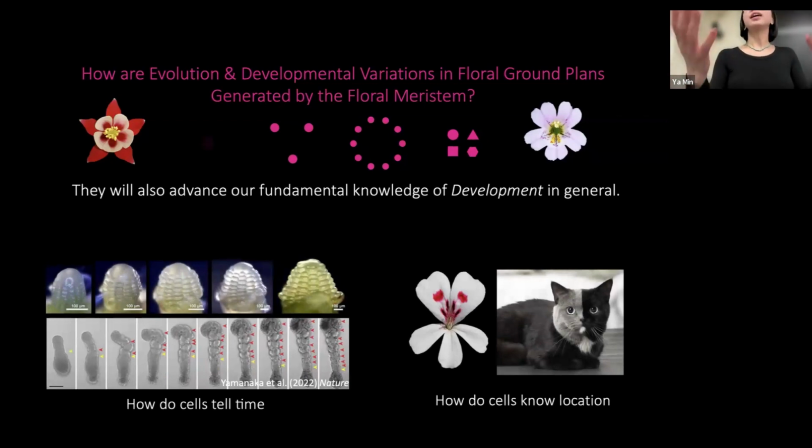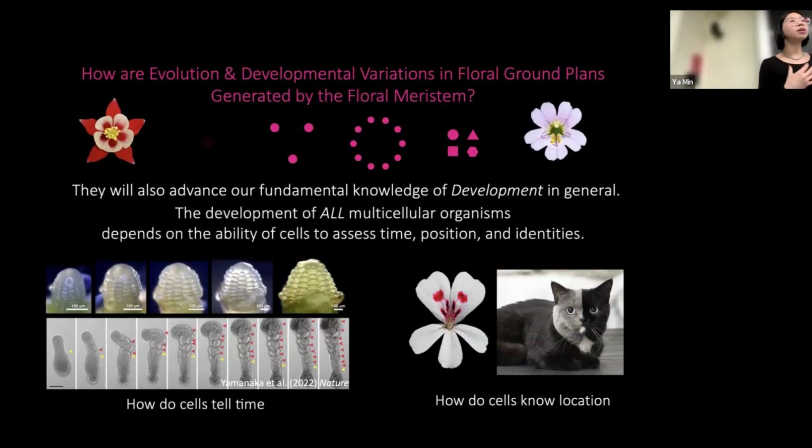We and our plants and our pets, we're functional multicellular organisms. That's because all our cells have the ability to know their position, their identity, to assess time, to know their environment. And that's why we developed into functional organisms. So hopefully the principles and mechanisms that we uncover from those programs can tell us something about development in general.